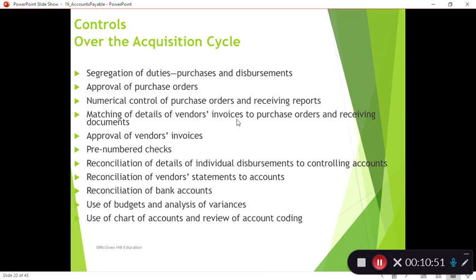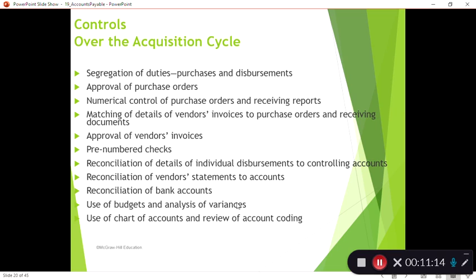And so we can verify the quantity based on the receiving report, and then we can verify the price based on the purchase order, because the purchase order should have the expected price the vendor's going to charge us. And so we have that independent verification being done of the invoice before we go and set up the accounts payable for that transaction. That's a really important one.